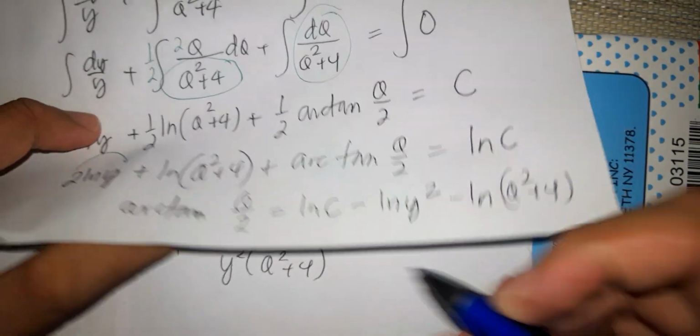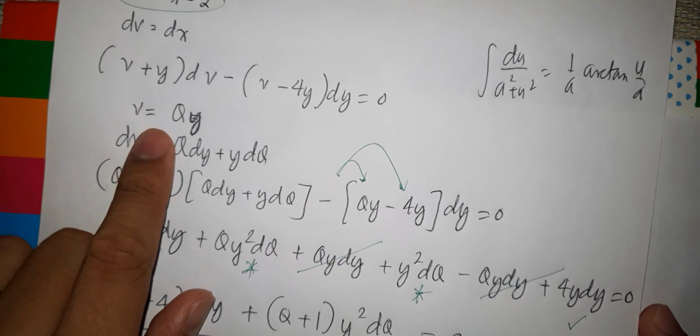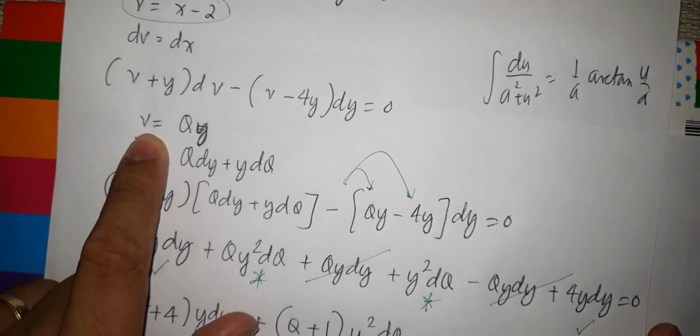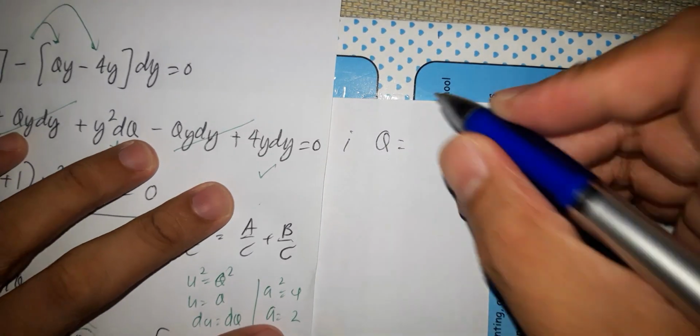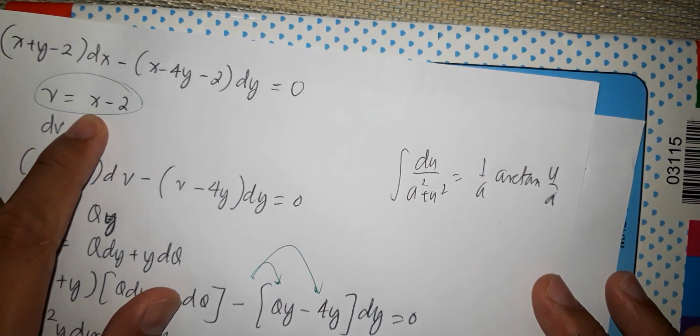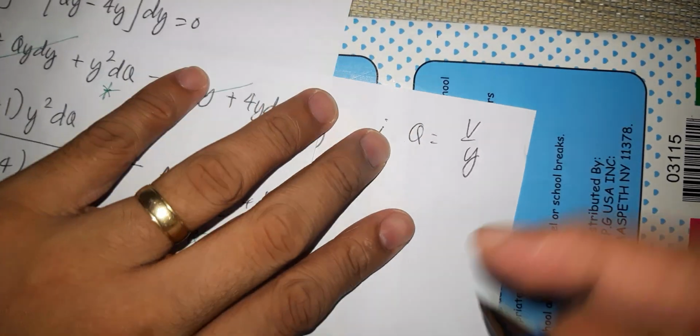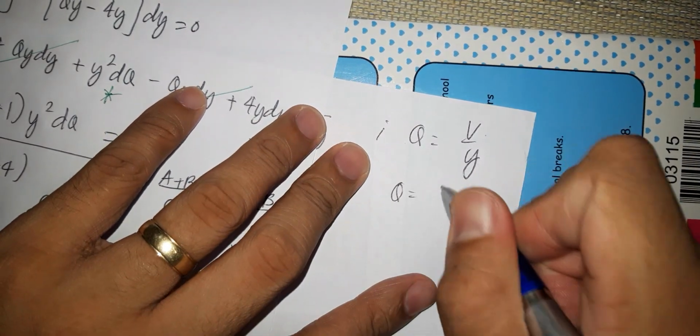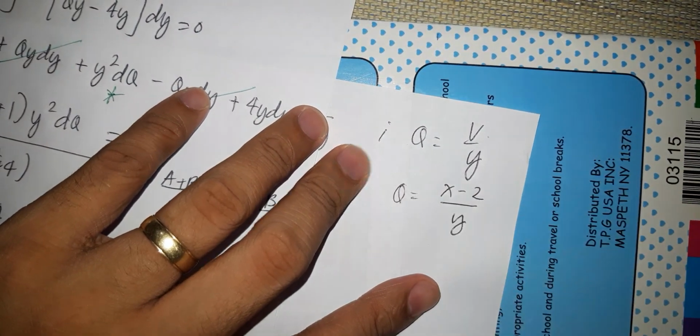But what is q? Q is equal to v over y. And v is x minus 2. So pwede na nating ilagay dito. So q is equal to x minus 2 over y.